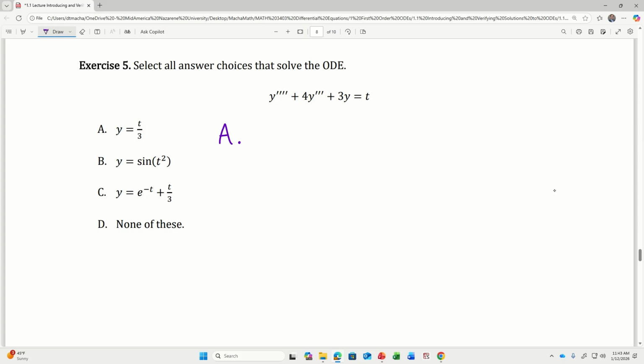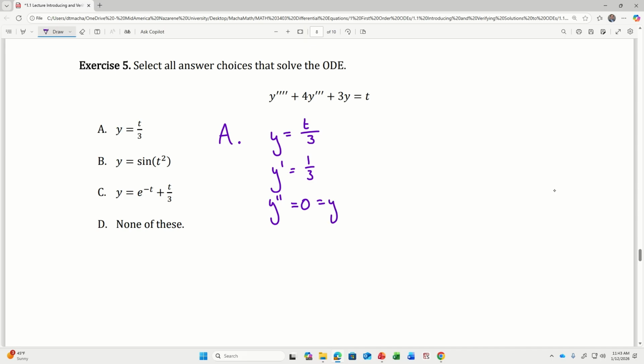Consider answer choice A. For answer choice A, y is t over 3. y prime is 1/3. y double prime is 0.